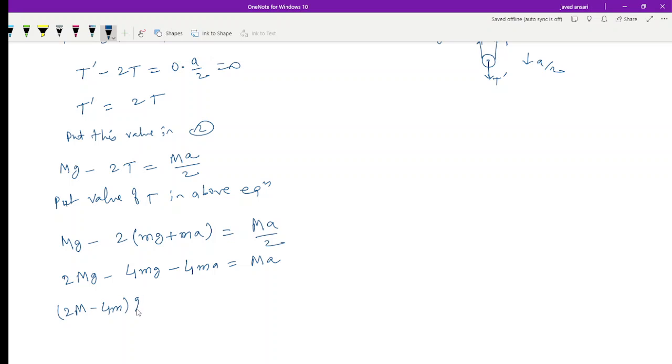Let's take g common, and then m plus 4m, right? We'll take it common. This gives a equal to (2M minus 4m) divided by (M plus 4m) times g.